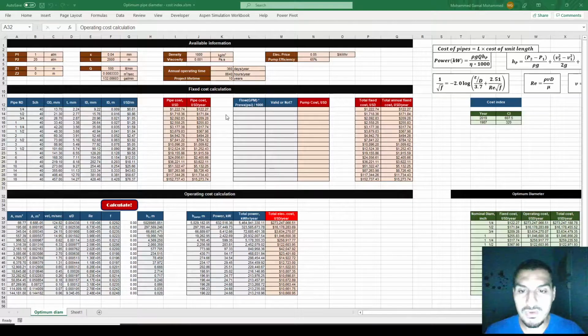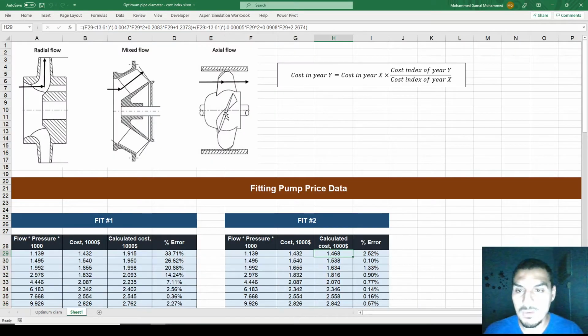Before we go ahead and see how we can do the calculations, let's just understand the difference between the conventional, the mixed flow, and the axial flow pumps. So first, the centrifugal pump adds pressure or increases the pressure of the fluid by putting energy into the fluid, and this energy will be in the form of centrifugal force, and this is what comes into our minds when we hear about the impeller rotating.